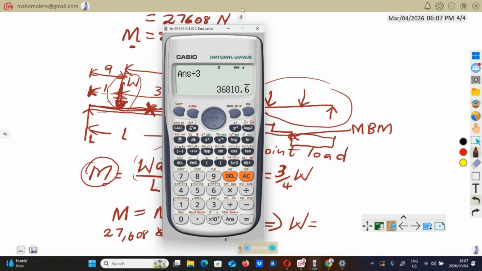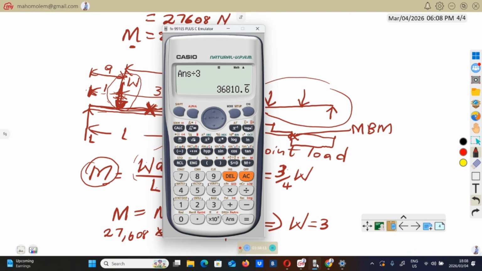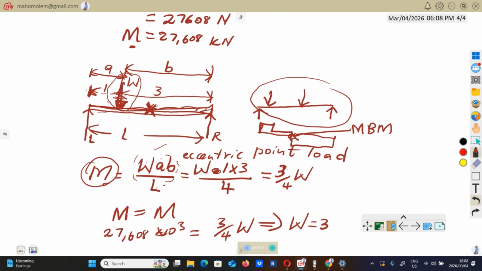So the point load that must be applied there will be 36.810.6 kN.